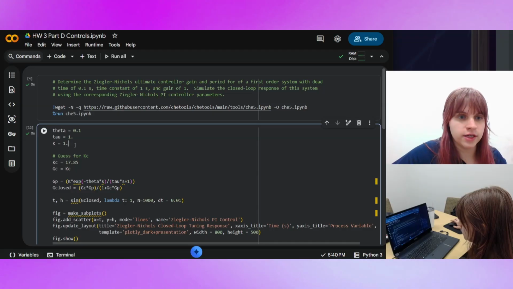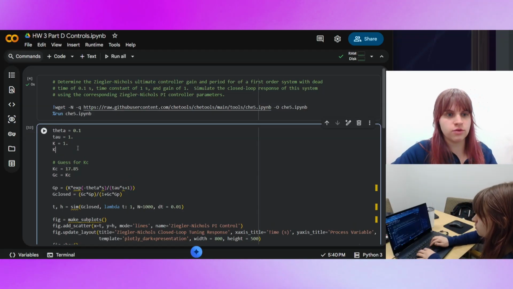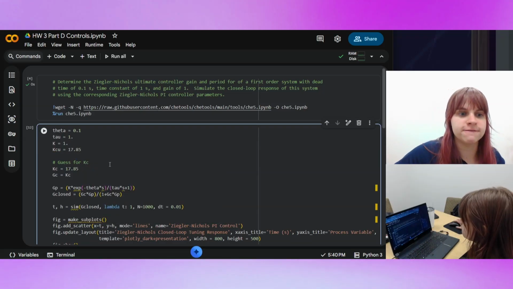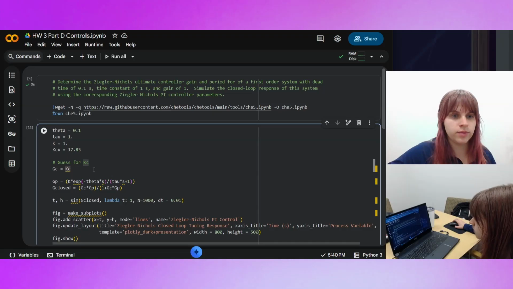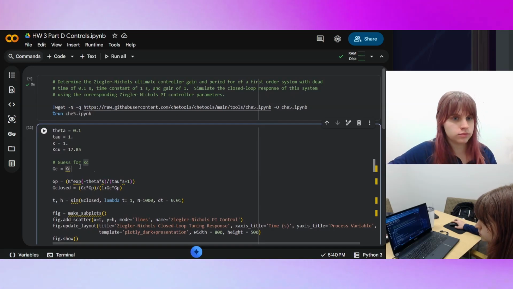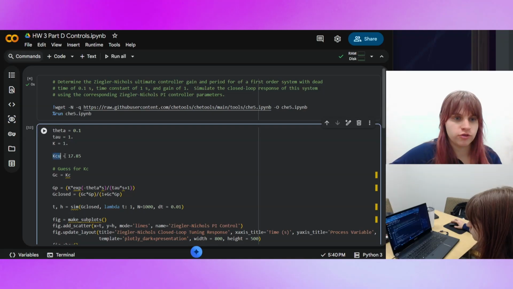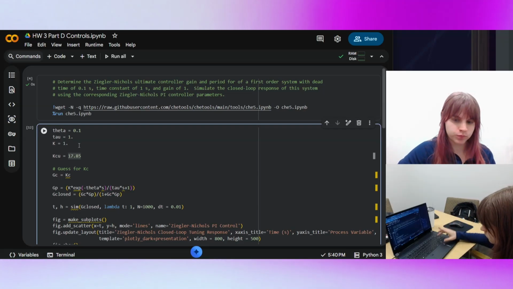So now instead of saying that Kc is equal to that, we're going to say Kcu, the ultimate controller gain, is equal to 17.85. And now we would like to include the integral portion of our controller. We have our ultimate controller gain that we just found, roughly about 17.85.